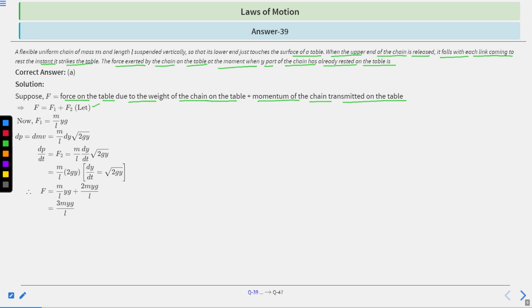Now F1 equals m y g divided by L, and dp equals dm times v, which is m by L dy times under root 2gy.